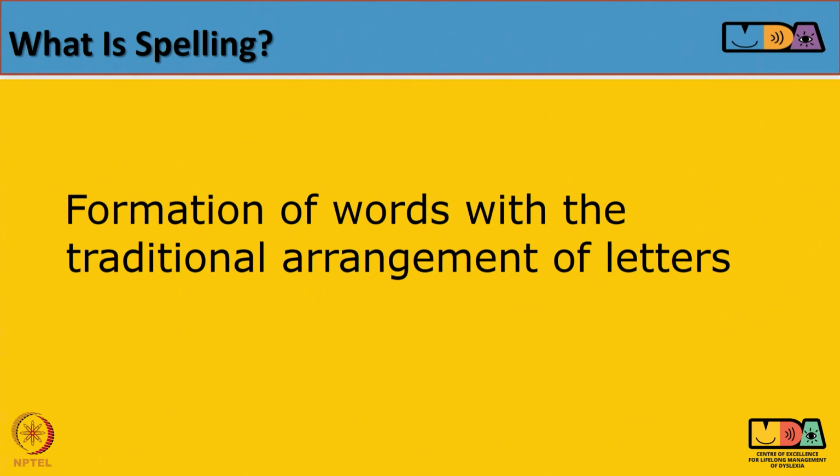Spelling is the formation of words with a traditional arrangement of letters. In the passage that we saw previously, though he had the right sentiments and the knowledge to express, unfortunately because his words were spelt wrong, it looked as if this was written by an amateur child who has just started to write.